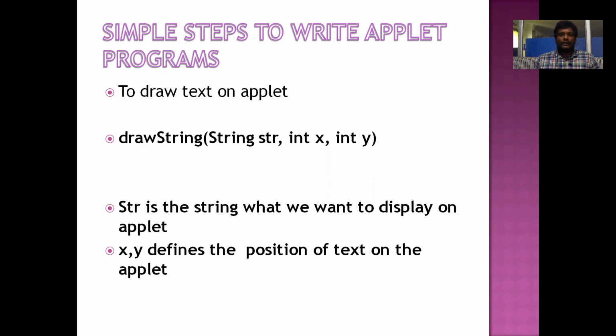And while we are working with AWT, if we want to write something on that container, we have to create an object for the Label class. We already discussed the Label class, and we are very familiar with the System.out.println statement also, because we write everything on the output screen by using System.out.println in standalone applications.